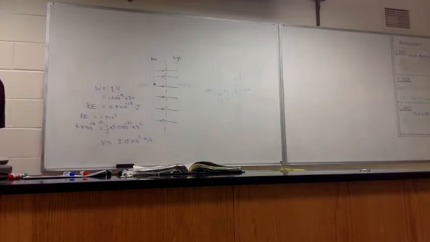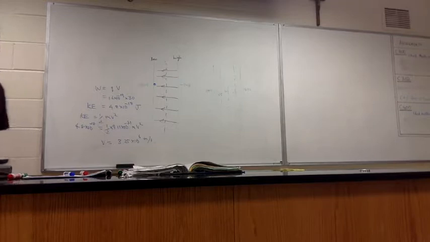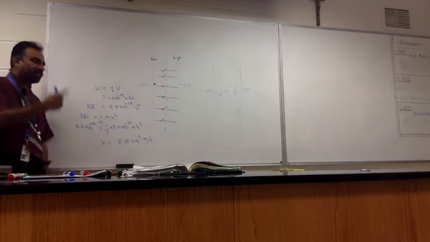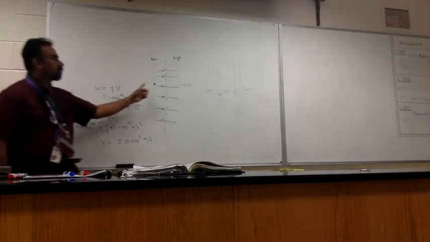So if you know the potential difference between 2 points, you can figure out a lot more like this. You can find out how fast the electron is going to hit the plate. What is pulling that electron in that direction is the potential difference.